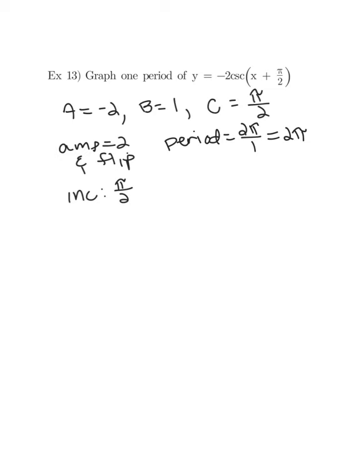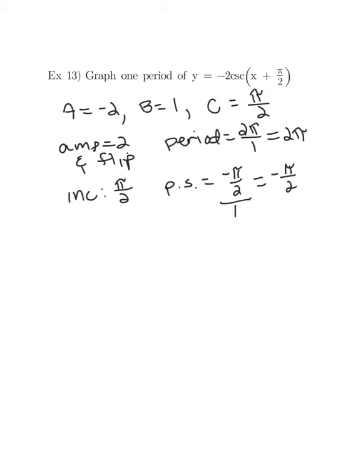Our phase shift, I'm abbreviating here so I can fit this in. We need to do the opposite of c. So we're going to do negative pi over 2, put that over the b, which in this case is 1. So that just becomes negative pi over 2.